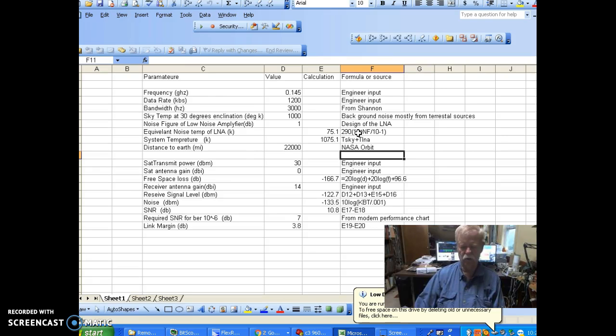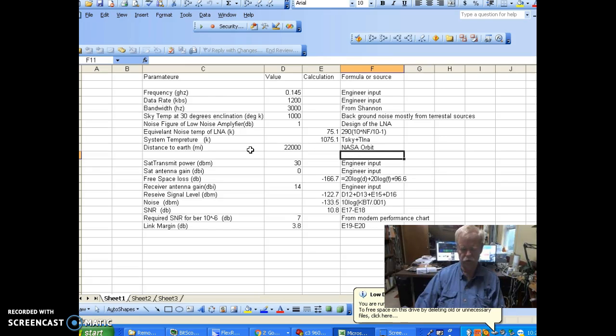Now, one of the parameters we're going to need is the total system noise. That is essentially the summation of all the noise sources. Today in this discussion, we're only going to account for 2 pieces of noise: the noise basically coming from the antenna and the noise in the amplifier. The sum of those 2 numbers turns out to be 1,075 degrees Kelvin.